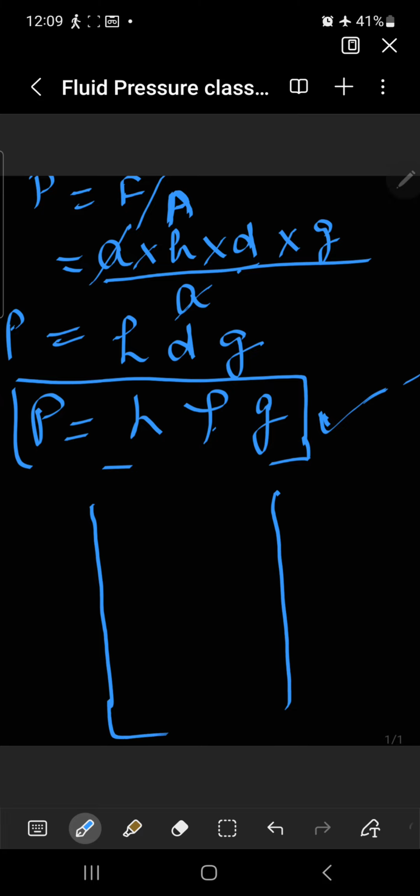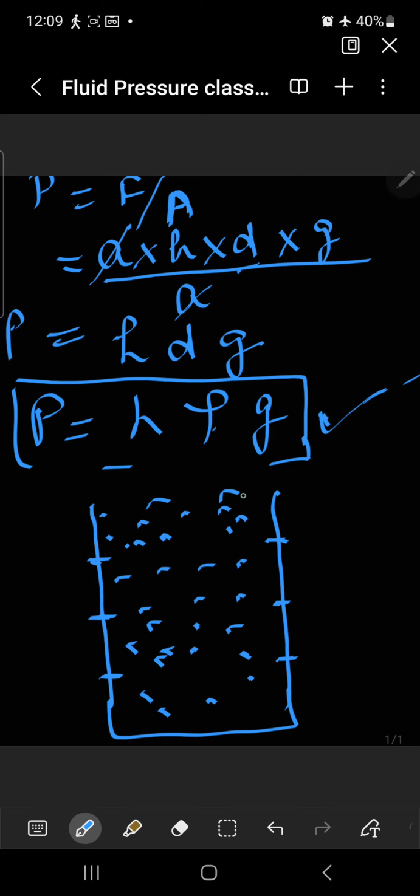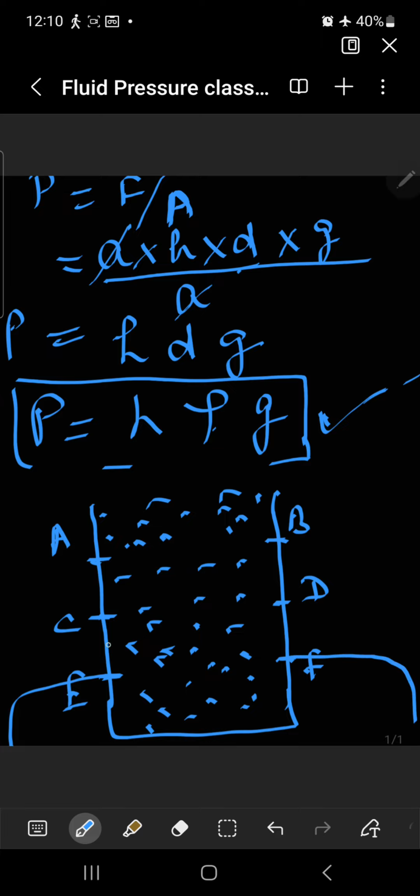Suppose we take a beaker and make some holes in it, and fill up a liquid inside this beaker. Now what will happen? Holes A, B, C, D, E and F. If we make a hole, water will come out from this hole, from this hole also water will come out, and from this hole also.